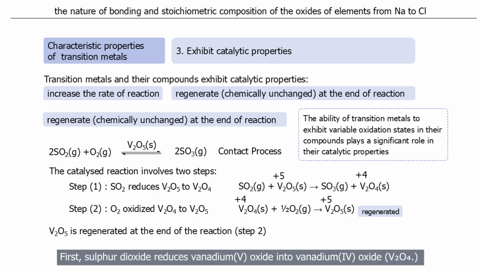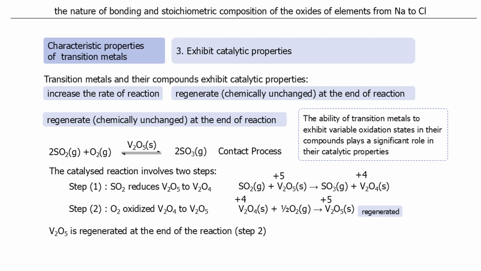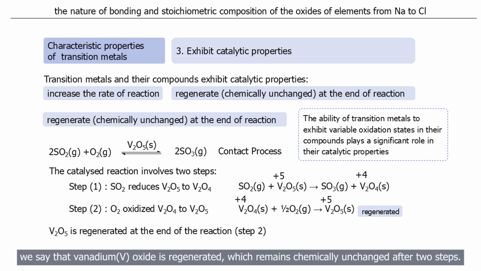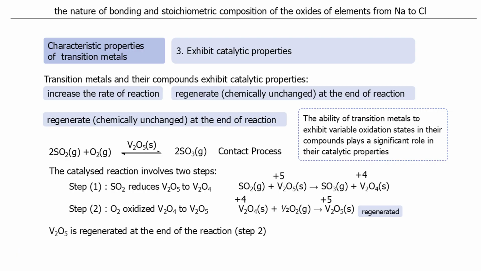First, sulfur dioxide reduces vanadium 5 oxide into vanadium 4 oxide. Then, oxygen oxidizes vanadium 4 oxide back to vanadium 5 oxide. After being consumed in the step 1, vanadium 5 oxide is regenerated in step 2. We say that vanadium 5 oxide is regenerated, which remains chemically unchanged after 2 steps.